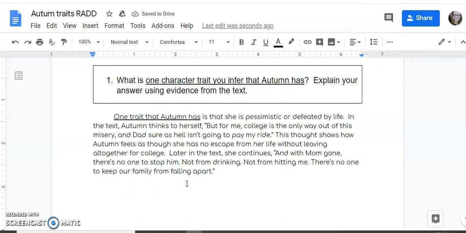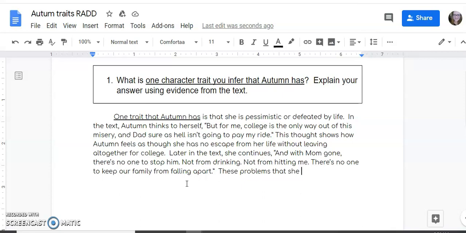All right, so these problems that she's having. I did my second detail, now I'm doing my second explanation.